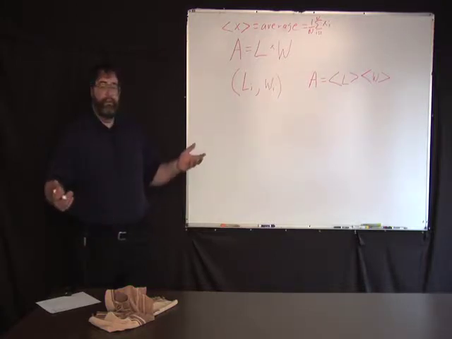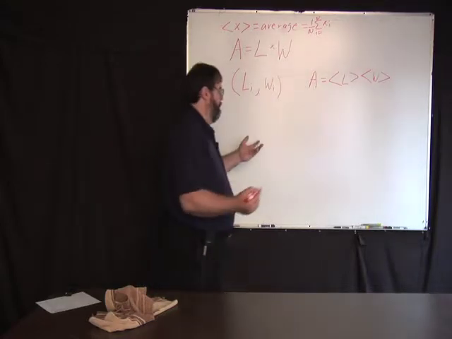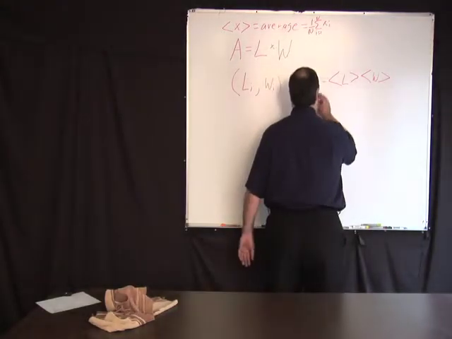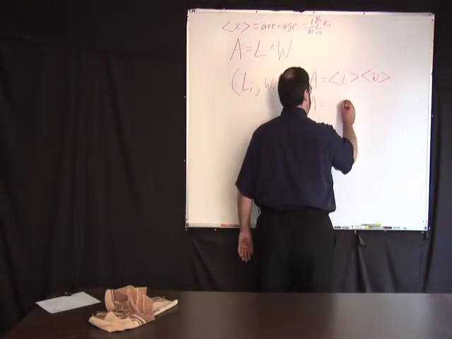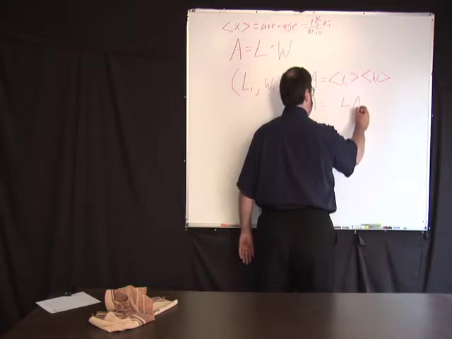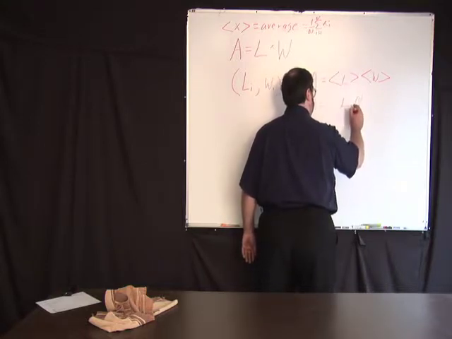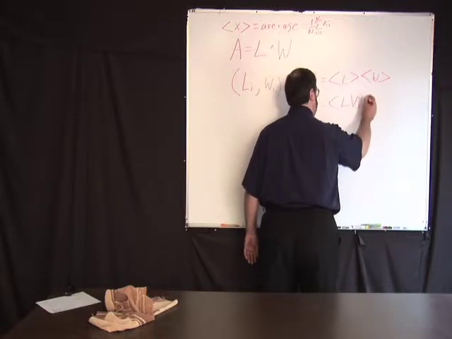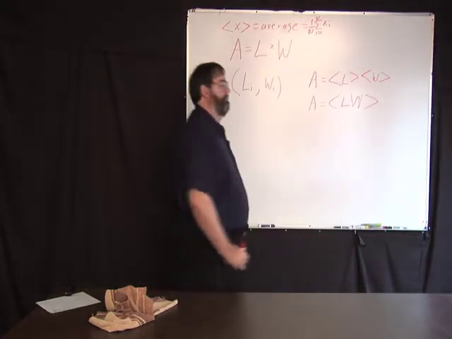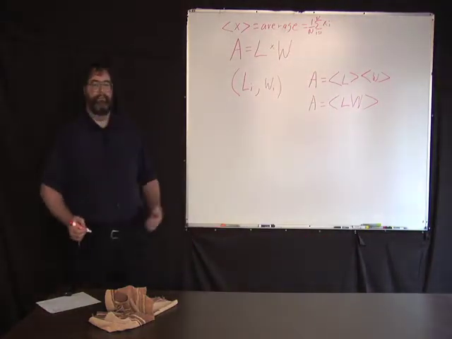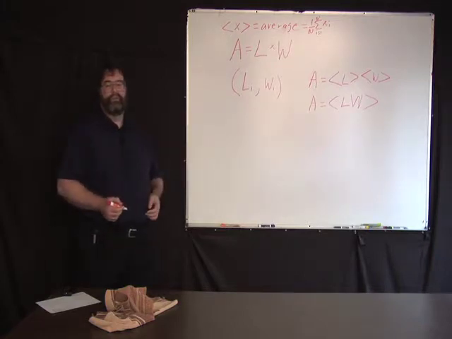Another way we could do it, if everything was perfect, is we could measure a bunch of areas, take the length times the width, and average that. And we get a number. Again, that should be a perfectly legitimate number.